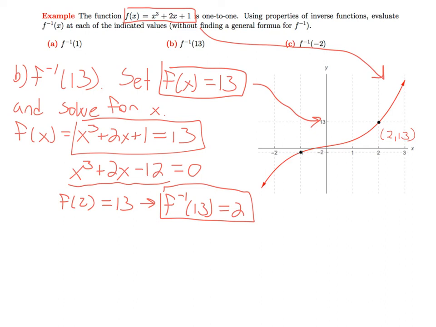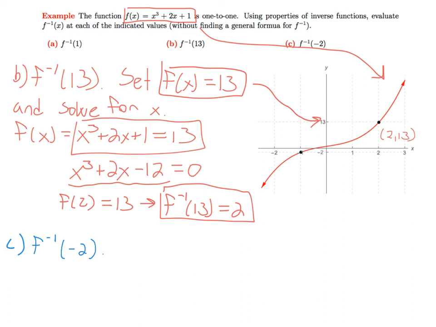Again, rather than do that one algebraically, if we can see the graph, then we can answer these questions visually. So that's the way we'll take a look at part C as well. In part C, we want to figure out, what is the value of f inverse at minus 2?